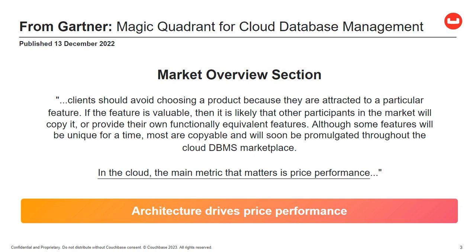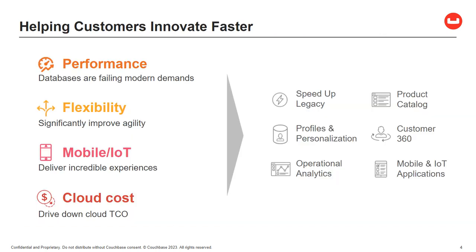But what they also say is to look for ultimately the price performance of the system you're going to adopt. And in our minds, architecture is what drives your price performance, especially in the cloud.